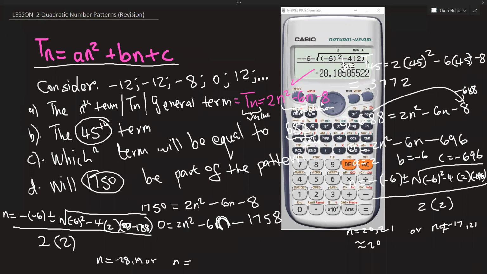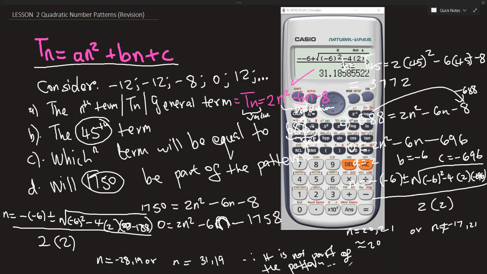Okay, which is 31.19. Therefore, since it does not give you a perfect whole number or natural number, it is not part of the pattern.